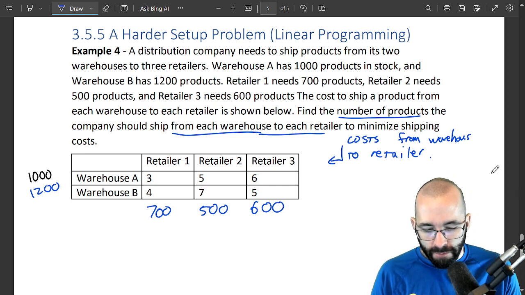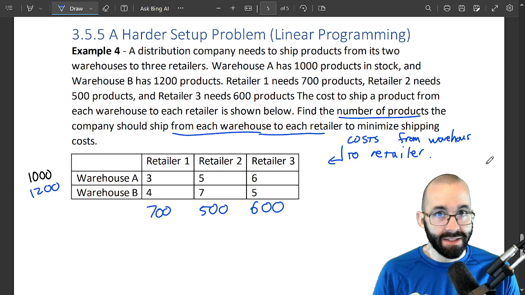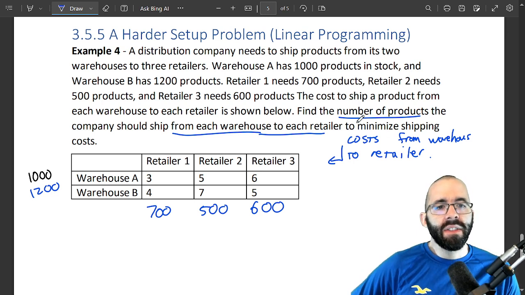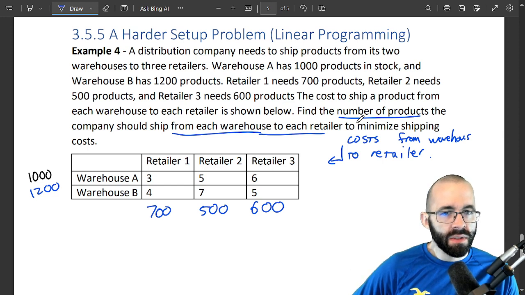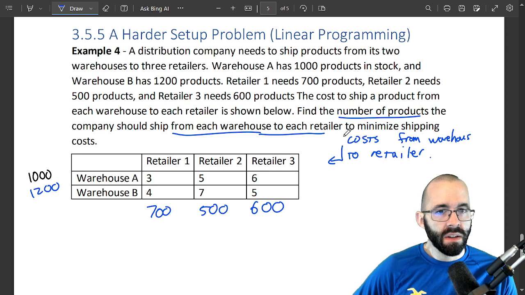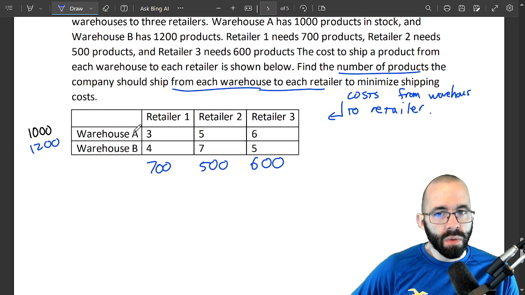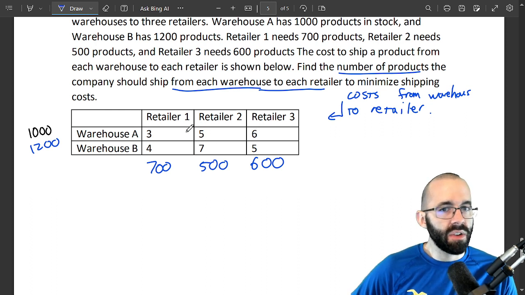So, what are our variables? This is the tricky part. What is it asking? Find the number of products the company should ship from each warehouse to each retailer. So, right, we're going to ship some number from warehouse A to each retailer. And those could be different numbers.